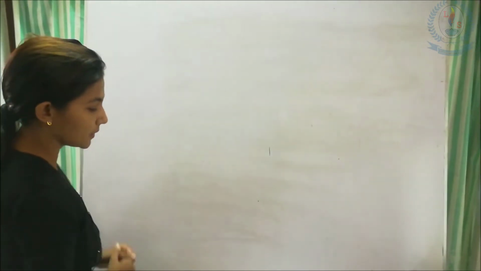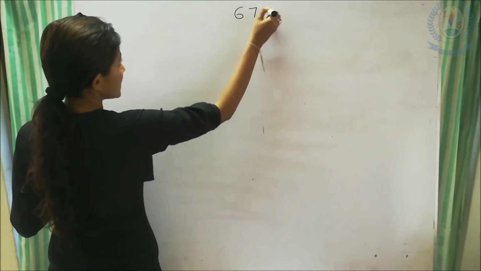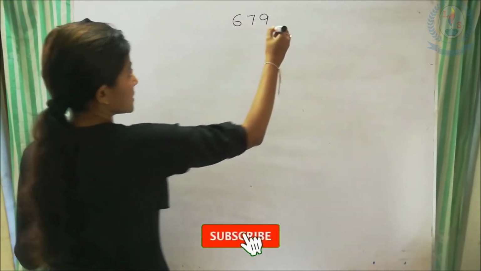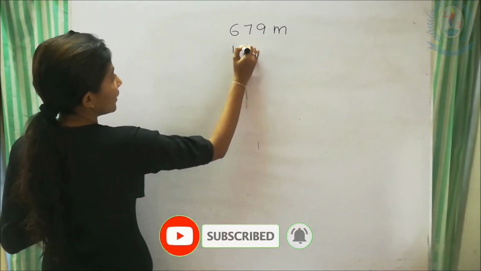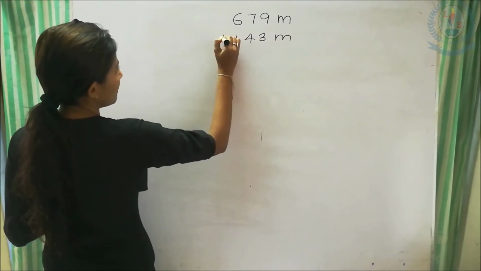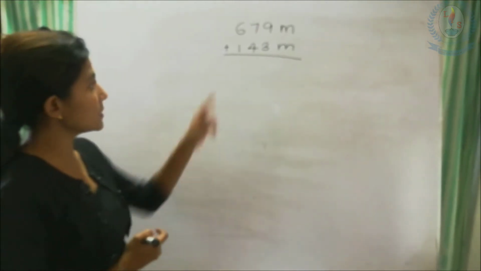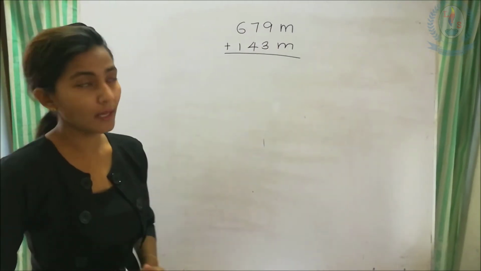Now we will try another question. 679 meters and 143 meters, addition, plus, right, both in the same unit. 679 meters, 143 meters.